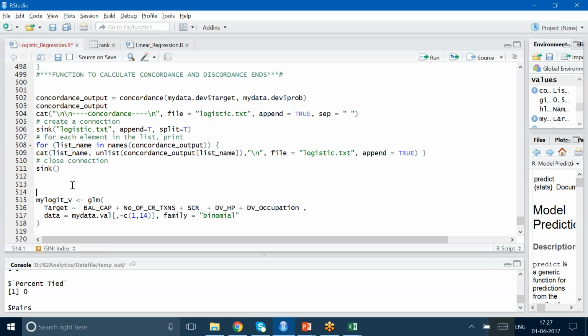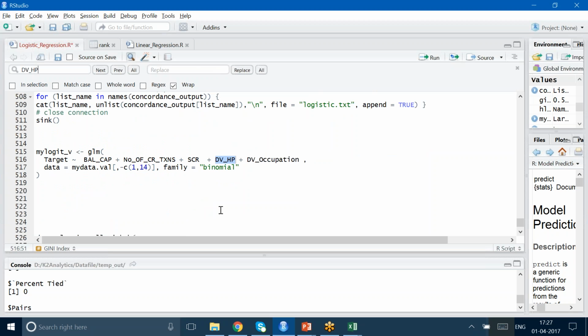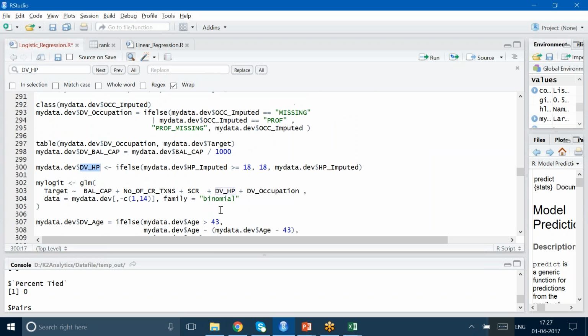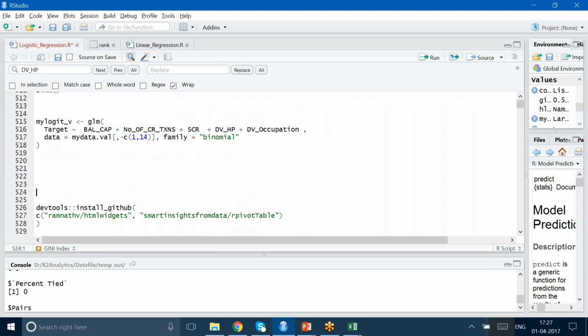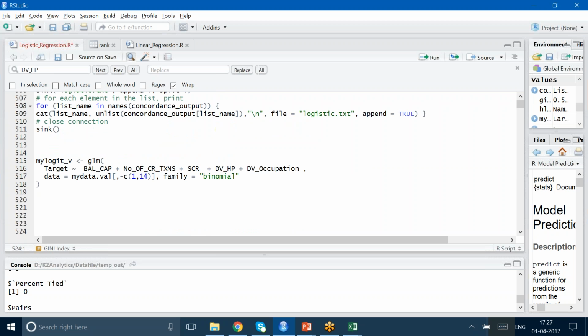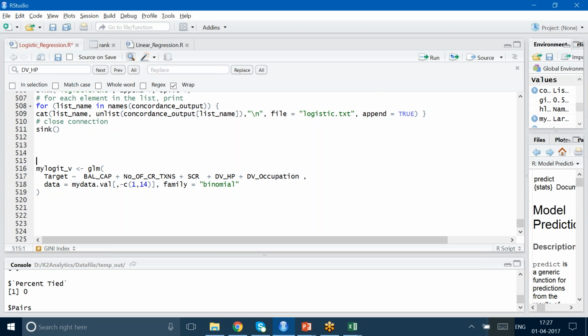I have to take that syntax, Control C, Control F, and find where that syntax is. Okay, this was the syntax. First I have to create this variable for the validation sample.